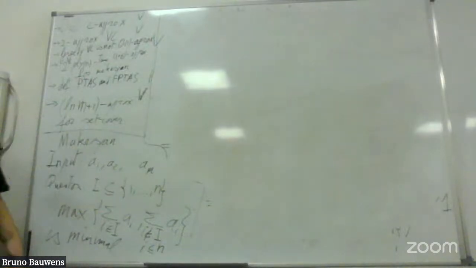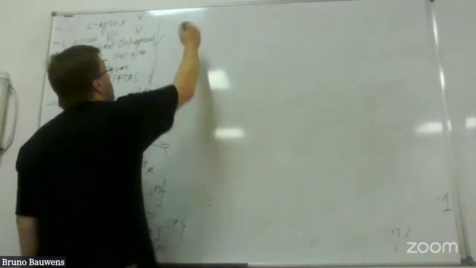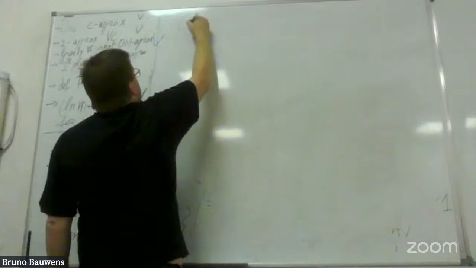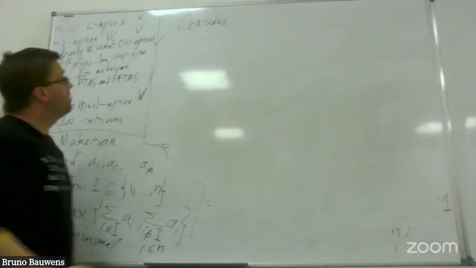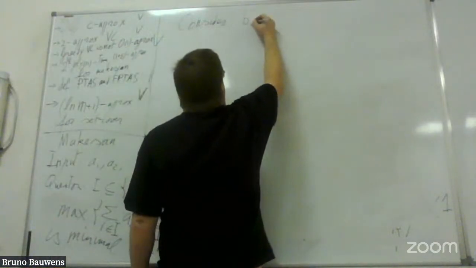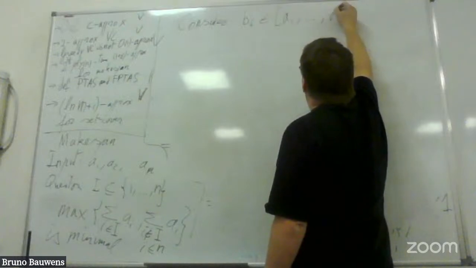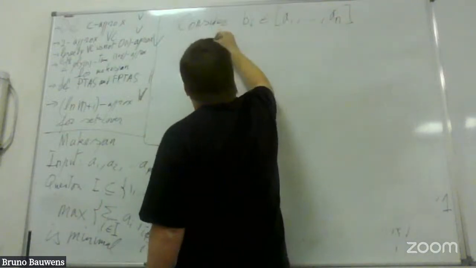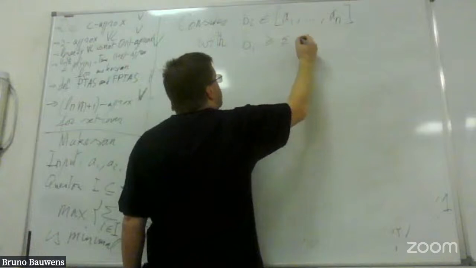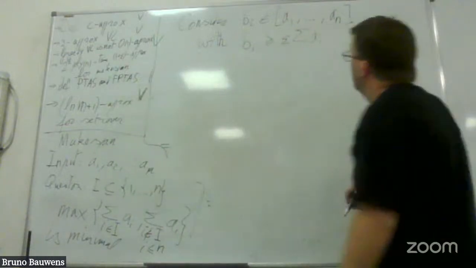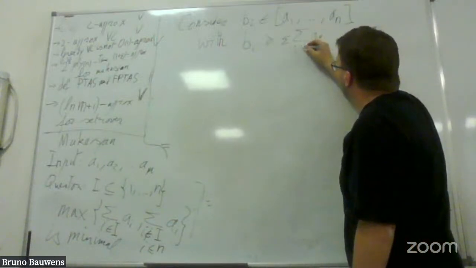Okay, so let me write it. I will call the heavy elements B. So consider all b_i in the list a_1 till a_n with b_i bigger than epsilon times the sum over all i of a_i.